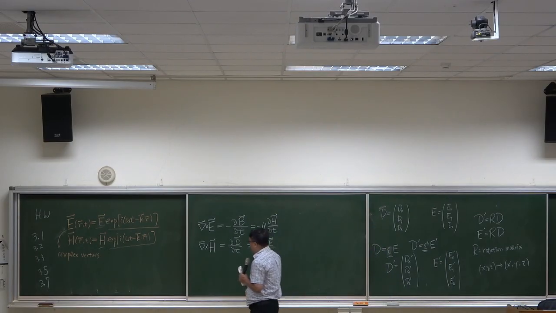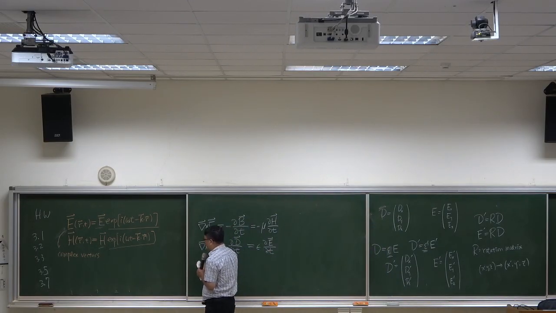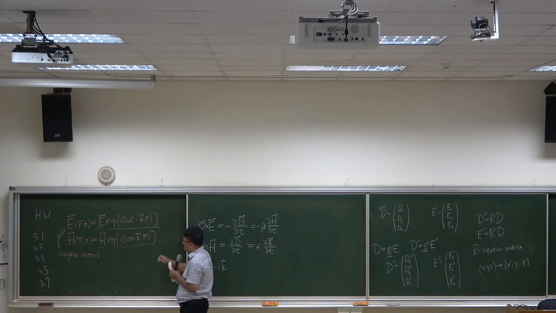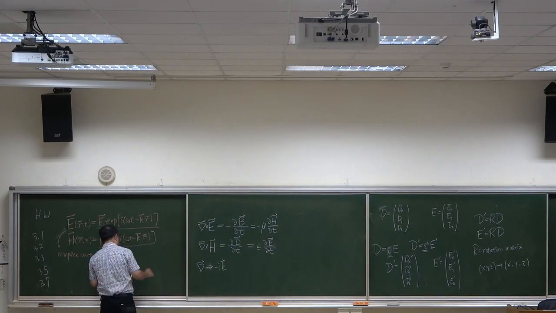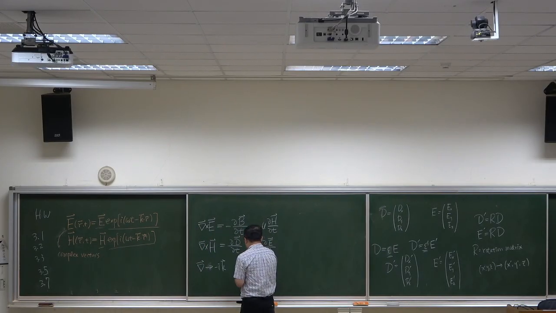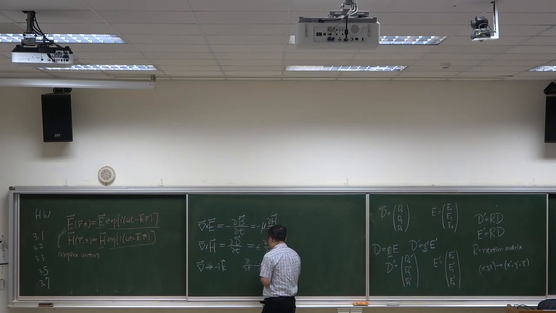So we have learned in chapter 1 that we can replace del by minus ik if we consider the plane wave of this form. And we can replace the time derivative by i omega.